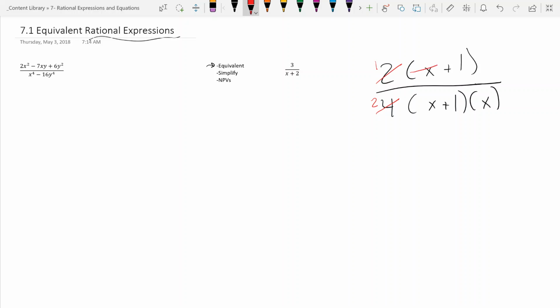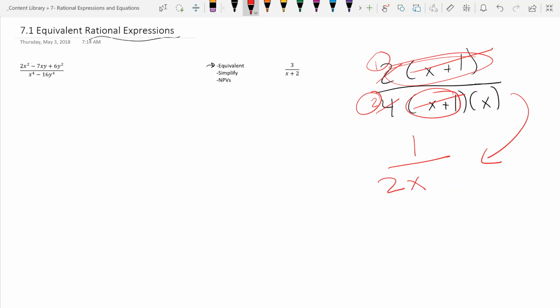The x plus 1 can divide by each other, and if this was simplified, the top would just be 1, because this is all gone and it's just a 1. And on the denominator, there would be a 2. The x plus 1 is gone, we canceled it out, and there's an x. So this original term we had, let's erase all that red marks, is equivalent to this term on the bottom.